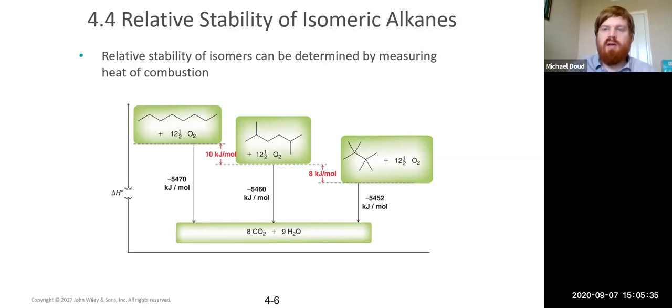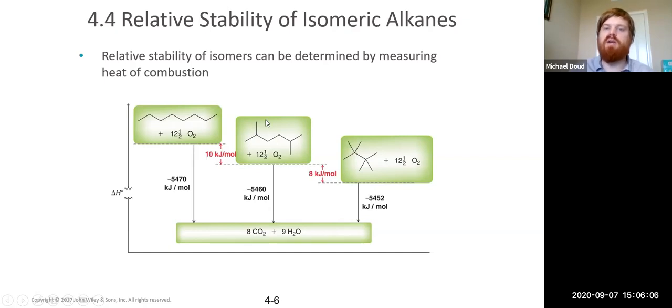You can measure the heat of combustion by combining something with oxygen and finding out what is the delta H for that reaction for 1 mole of whatever you have burning. So here, this is 1, 2, 3, 4, 5, 6, 7, 8. This is octane here. So octane plus 12.5 moles of oxygen. The delta H for this reaction, producing 8 moles of CO2 and 9 moles of water, is negative 5,470 kilojoules per mole.